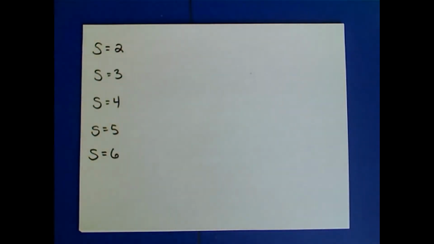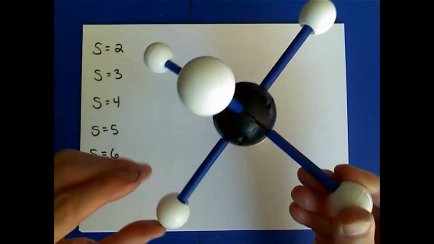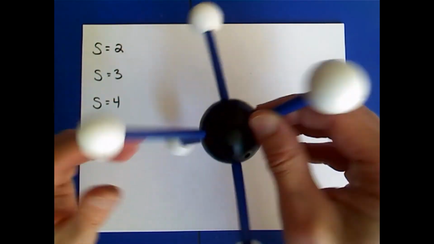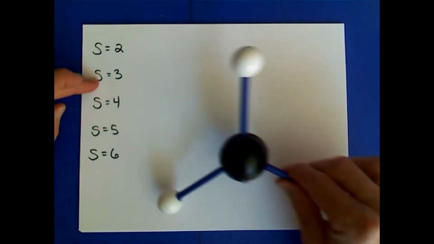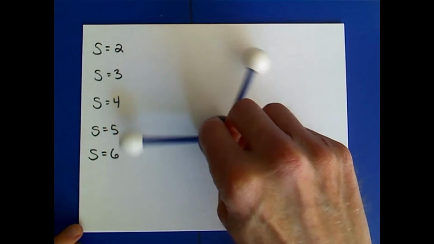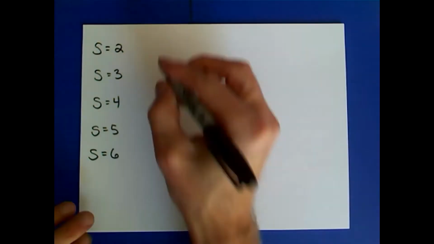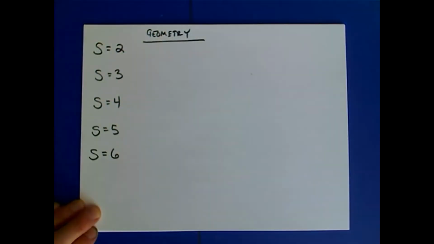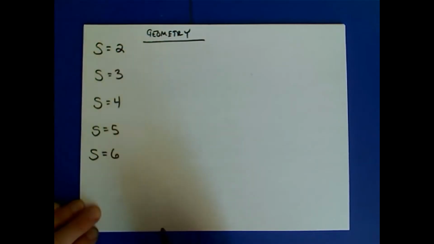If you recall, for a steric number of 6, you end up getting a molecular shape that has lobes pointing in the direction of an octahedron. Or if s equals 3, we end up having a trigonal planar arrangement of electrons around a central atom. So we'll write the various geometries associated with each steric number.